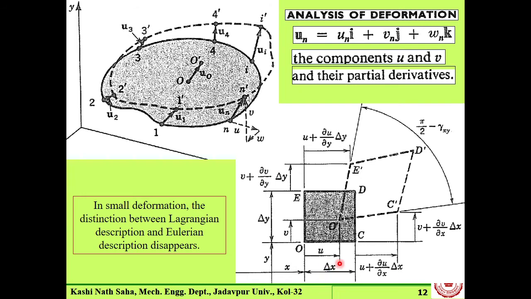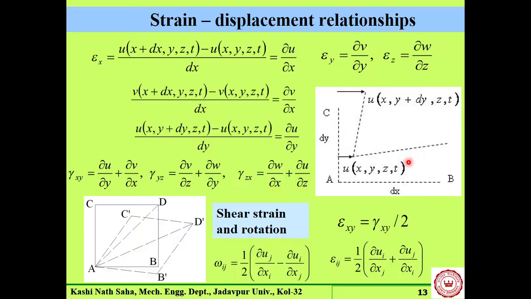So that is how we will get the coordinate point D prime.